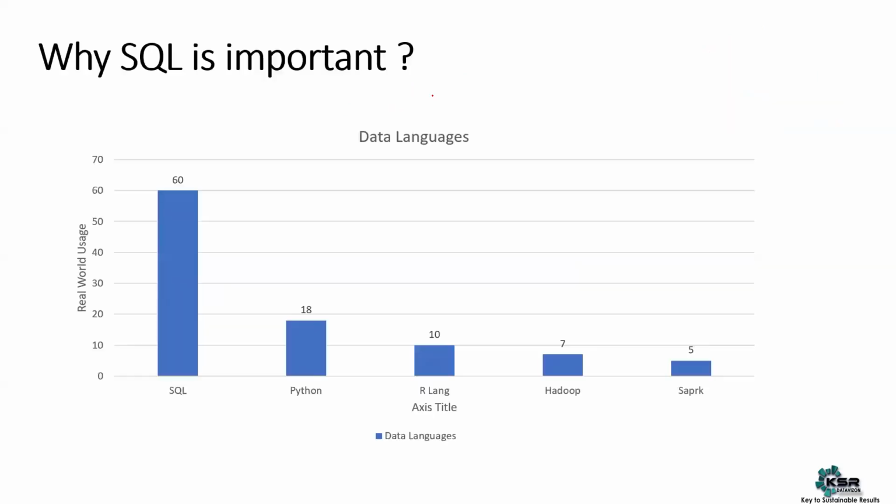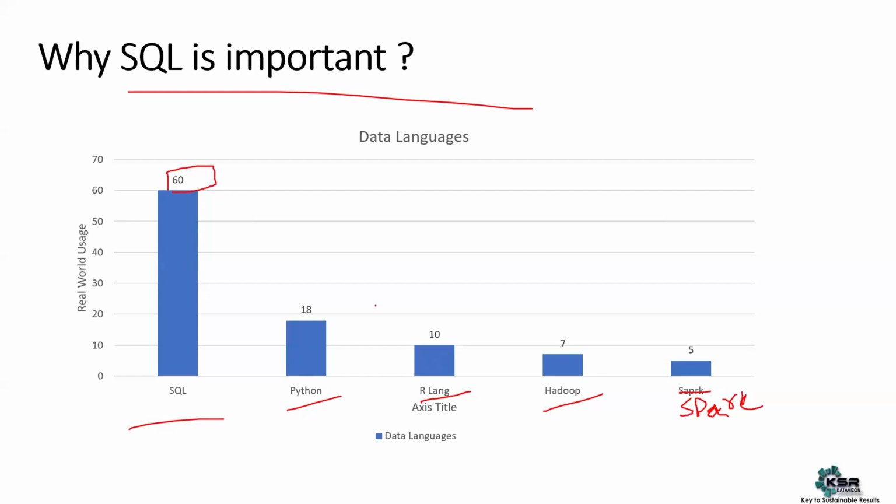Now, if I take the market comparison also, you can see there are multiple languages. Python is there, R is there, Hadoop is there, Spark is there. So if you want to communicate with any database, these are multiple languages which are available. But still 60% of the market share is with SQL. Why? Because SQL is very interactive and easy to understand.